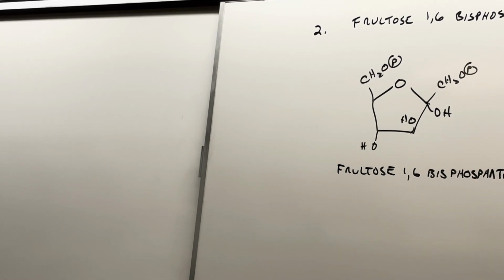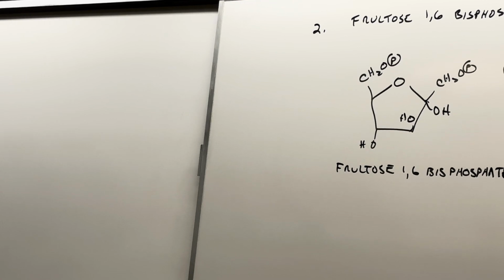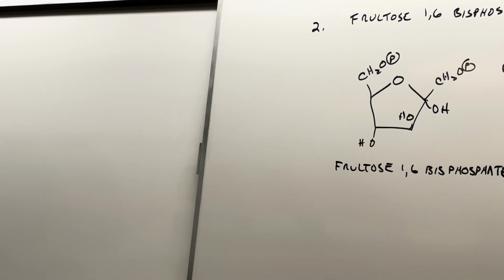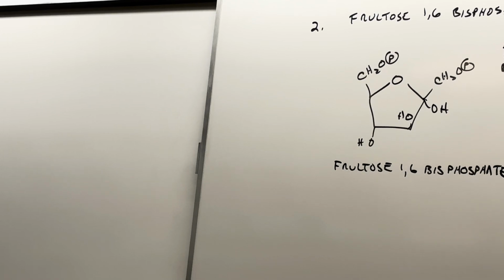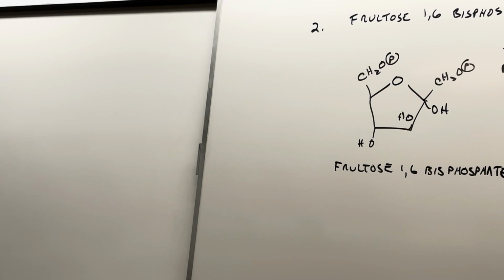The third step is what is the first step of glycolysis, but we're going backwards. So this is glucose 6-phosphate to glucose.